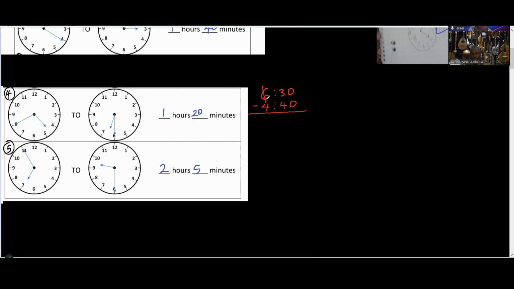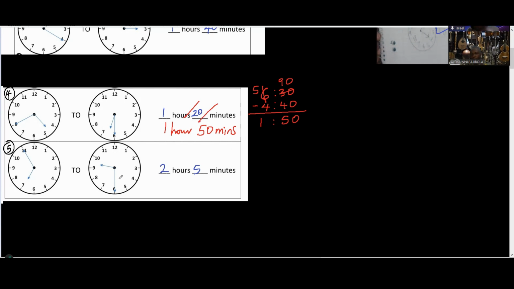So we borrow an hour. This becomes 5. The hour that we borrow is 60 minutes plus 30 minutes, that's 90 minutes minus 40 minutes, that's 50 minutes. Then 5 minus 4 hours, that's 1 hour. So it will be 1 hour, 50 minutes. Take note of that.